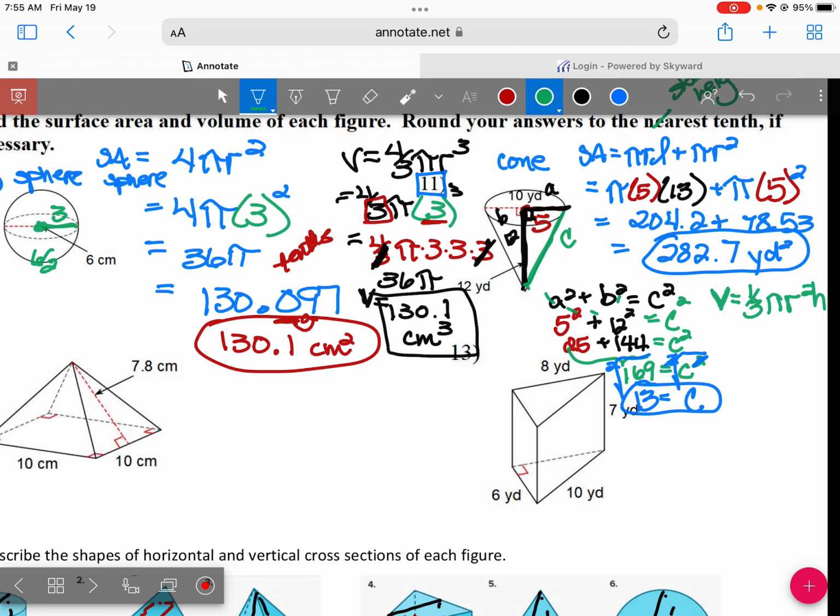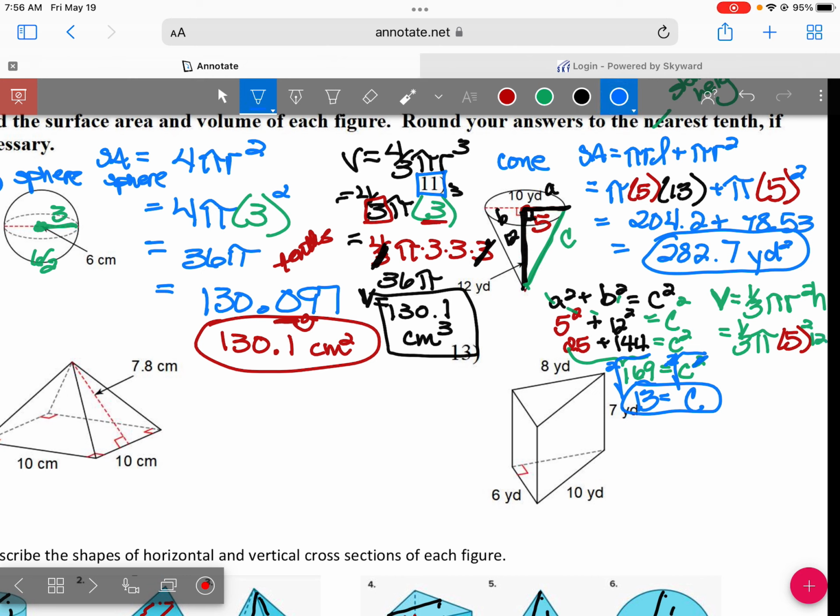Is that correct? So volume is 1/3 times pi times my radius is 5. That still hasn't changed. Squared times the height. Are we talking about perpendicular height or slant height if they give me h? Or they want h? The straight height. A slant height will always be the cursive small l. So the straight up and down height is 12 here.